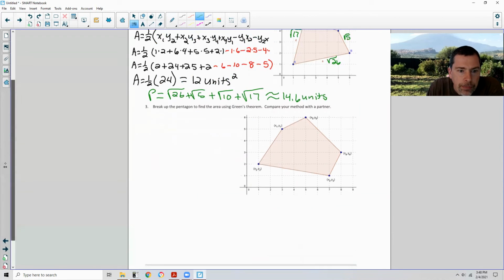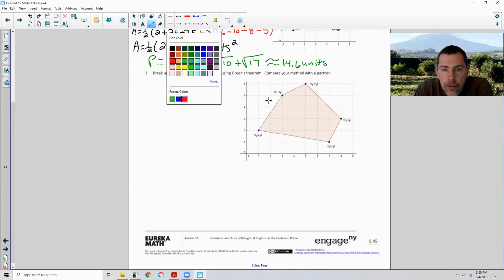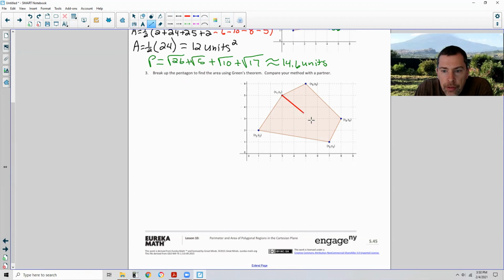Number 3, break up the Pentagon to find the area using Green's theorem. Compare your method with a partner. All right. Okay, so we're going to break this into pieces and use our shoelace formula. So what I'm going to do is make a triangle out of here.